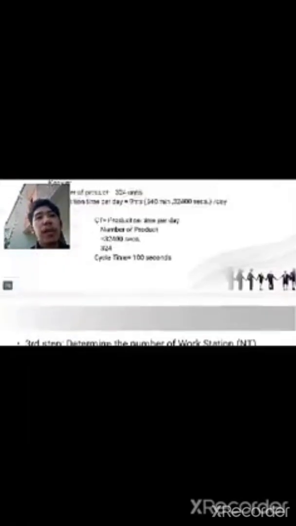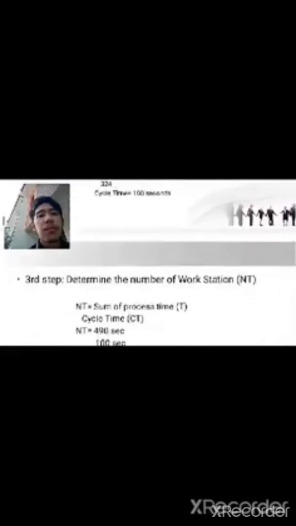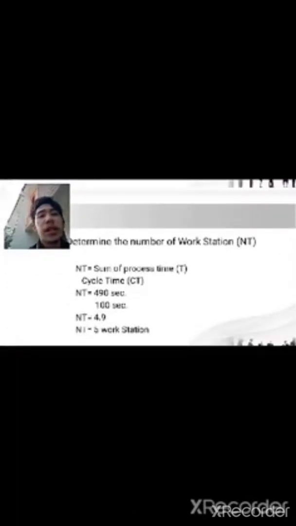The sum of process time from our table is 490 seconds, and we already have the cycle time, which is 100 seconds. So NT equals 490 seconds over 100 seconds, which is 4.9. Since we need a whole number of workstations, we round it up to 5 workstations.